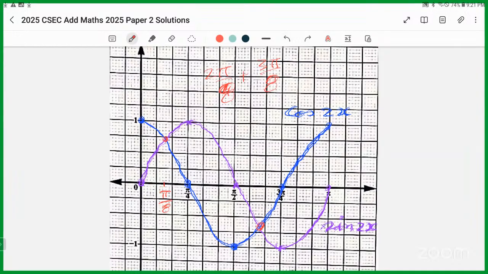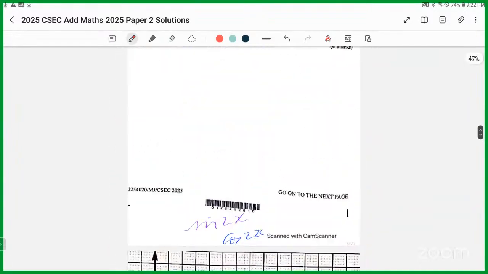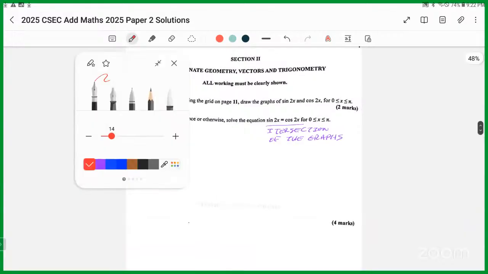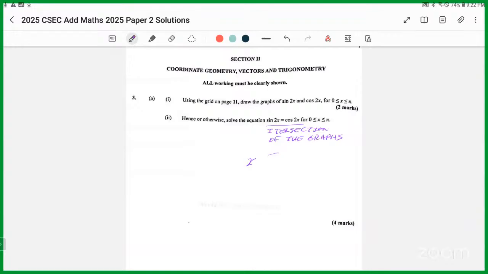So right here, 5 pi by 8, halfway between these two values. So the intersections on the graph are x equals pi by 8 and x equals 5 pi by 8.